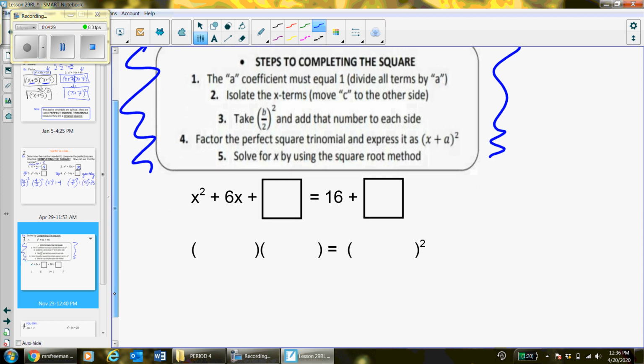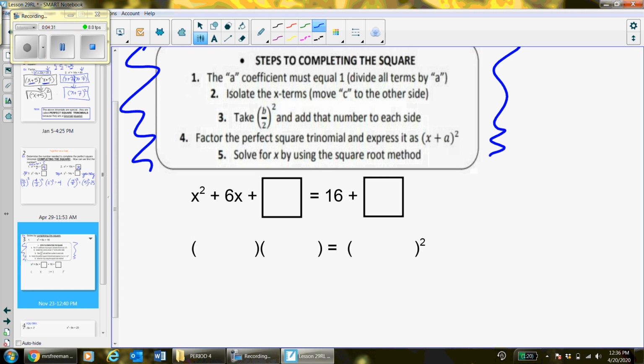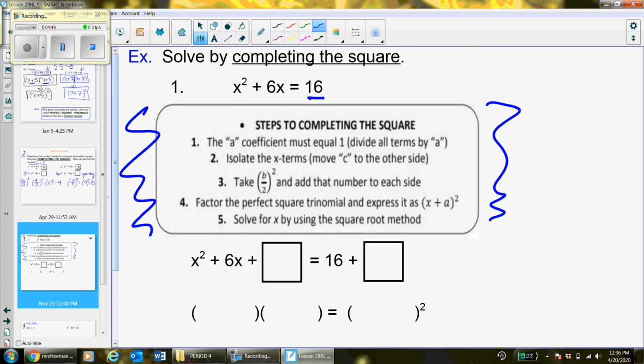And when that's the case, your leading coefficient a must be 1. That's step 1. Or you would have to divide all those terms by a. In this case, all of your leading coefficients will be 1, so you don't really have to worry about that. Step 2, isolate the terms, meaning move c to the other side. Well, that was already done for us. c is already on the right side of the equal sign, so that's done.